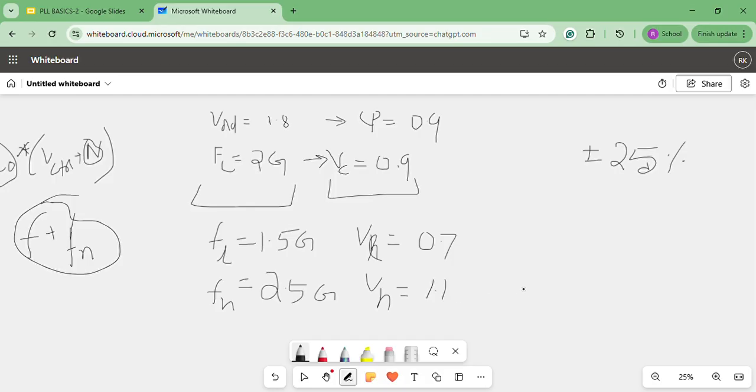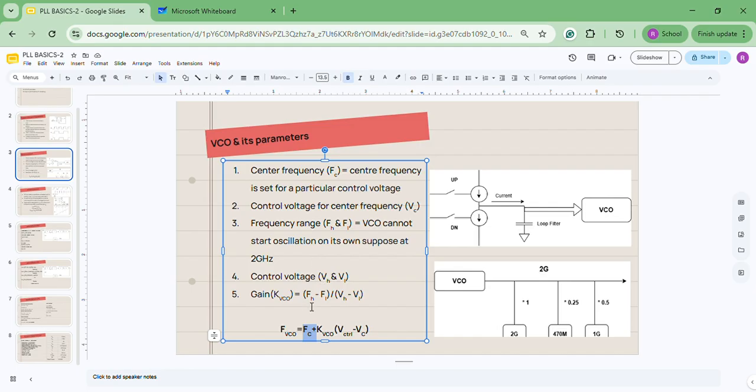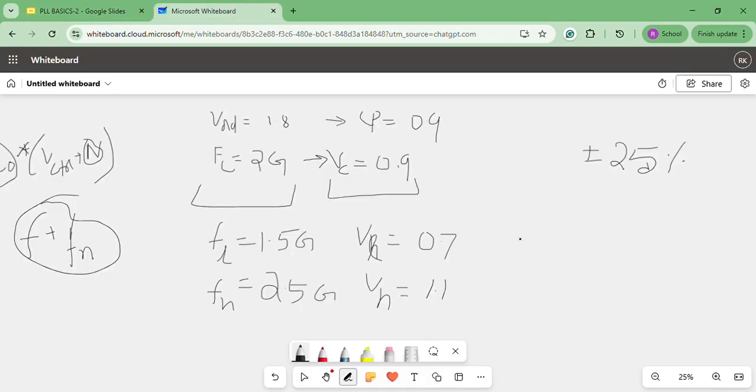Based on these numbers, as we have already discussed, the KVCO formula is FH minus FL divided by VH minus VL. If we put everything in the gain formula, we get the gain of our VCO as 2.5 gigahertz per volt.